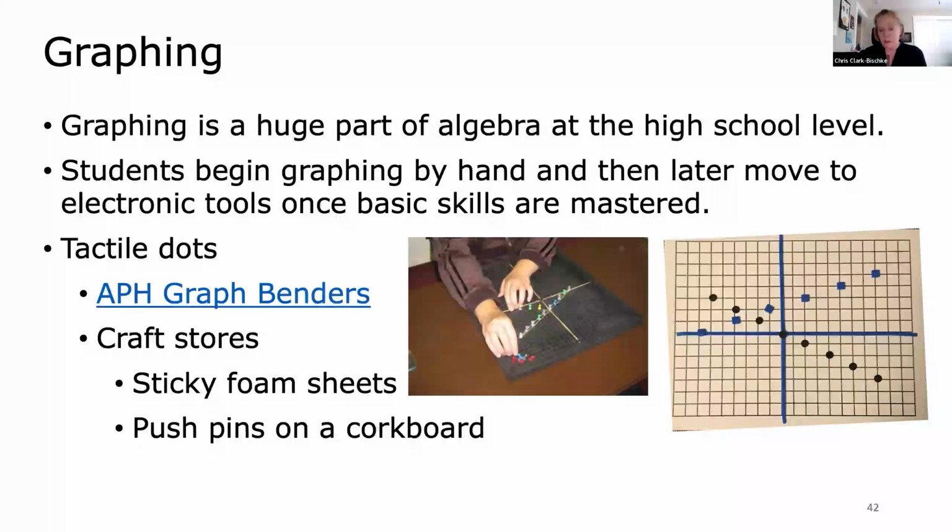You can also use APH's tactile graph paper, and different components from the APH graph benders, which provide a variety of different shapes and sizes that the students can use to create a graph based off of coordinate planes they have access to. Or you can create a graph and have them identify where they intersect the X or the Y axis or the different areas within the graph. So a great hands-on opportunity again for our students to learn math.